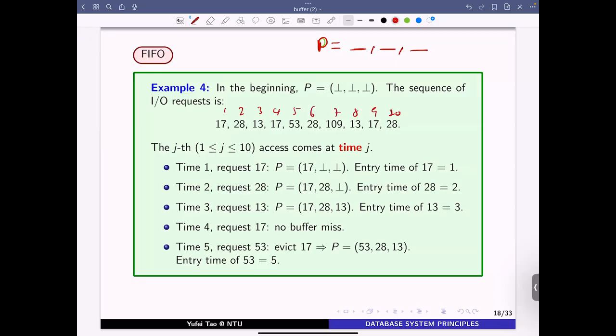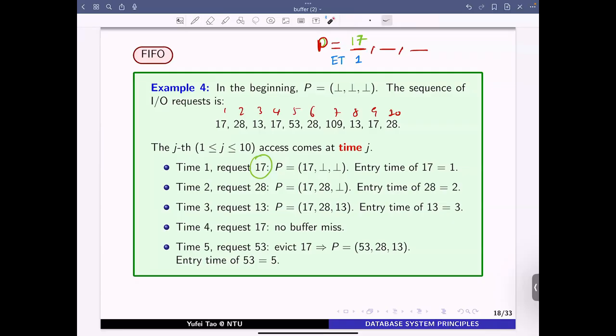At time 1, the request is 17. That's a miss, so we put 17 here. It's not a problem. You see, this is the moment when the block enters the pool, so this is the entry time of 17. I'm going to put a remark here. This is 1.